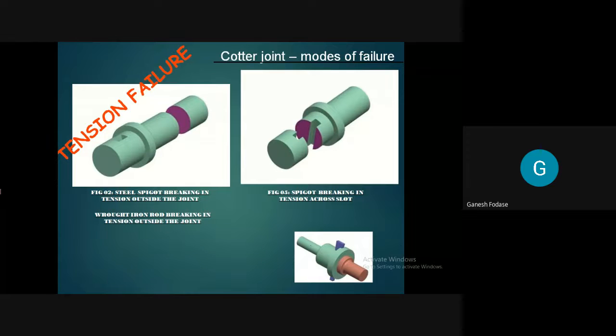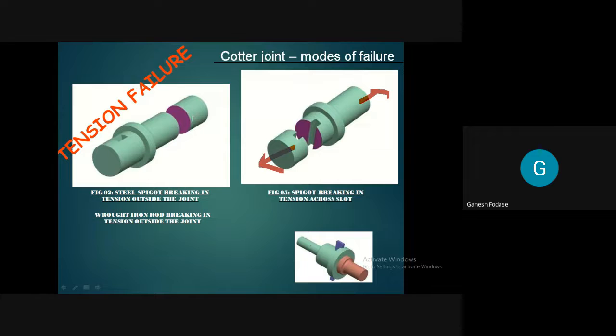Which kind of failure is this? Crushing? Tensile only. You can see there are clearly two parts. This side will pull here, and this side will pull here.